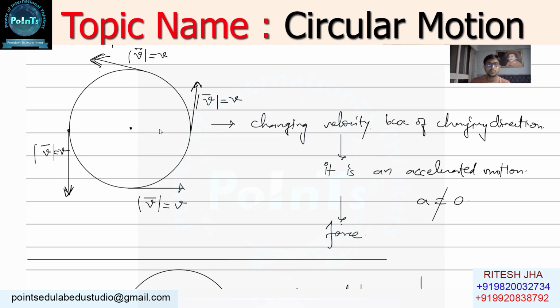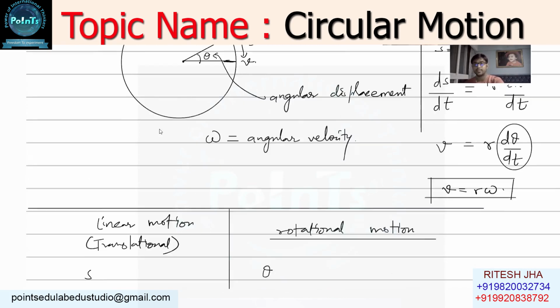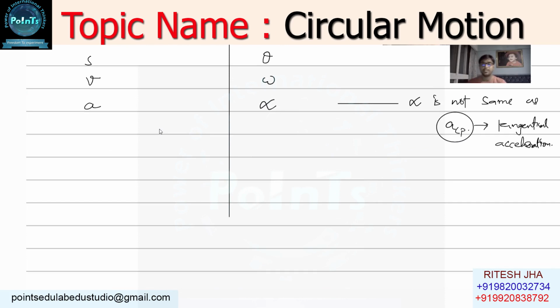So the change in this velocity determines the centripetal acceleration, which is not the same as this angular acceleration. Alpha is the angular acceleration, which is different from the centripetal or tangential acceleration.